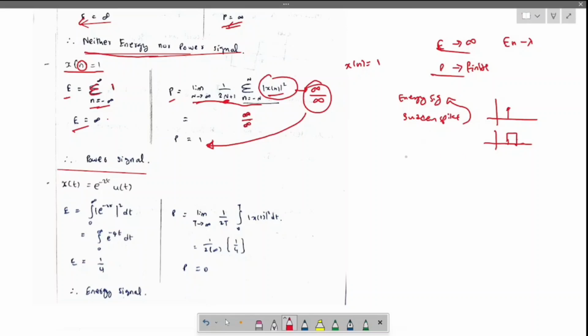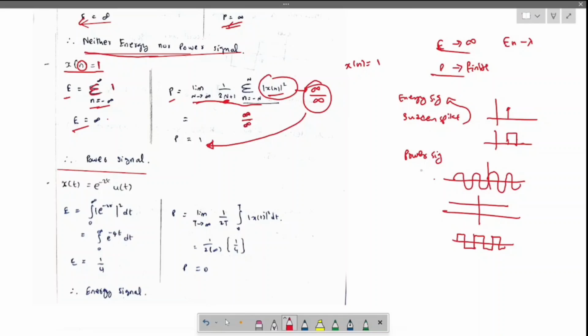Okay, now a power signal means for all time it should repeat like this. Or the graph will be like this, or some kind of shape like this. This is all known as the power signal. Now by this we can state that x of n is 1.